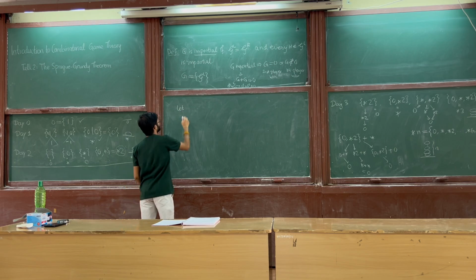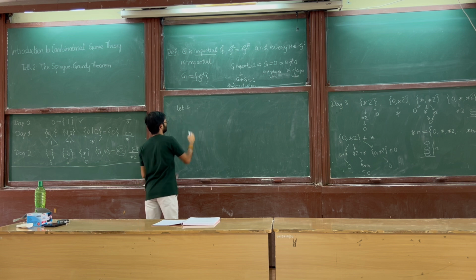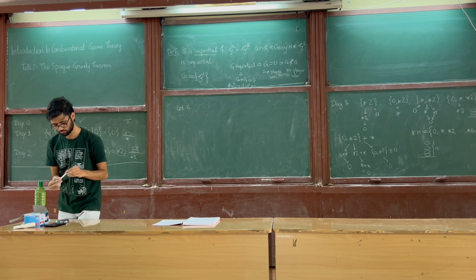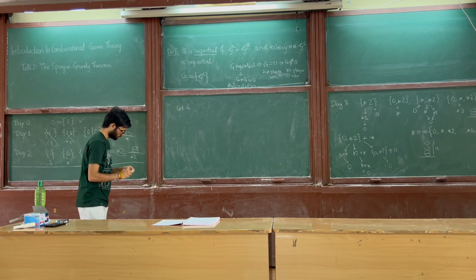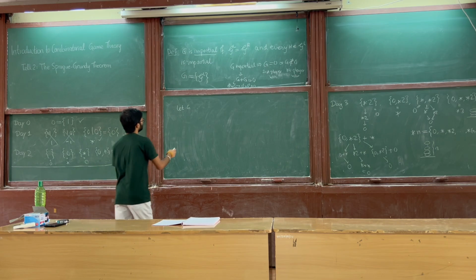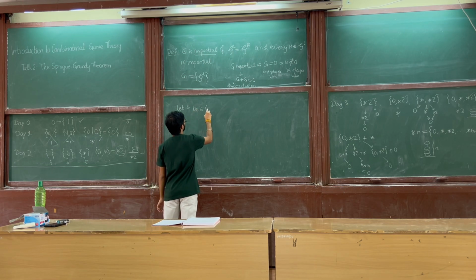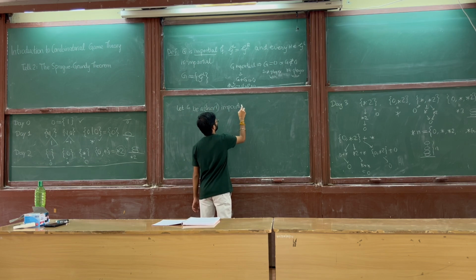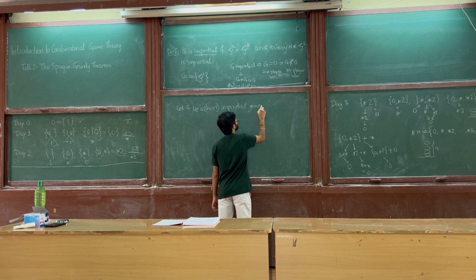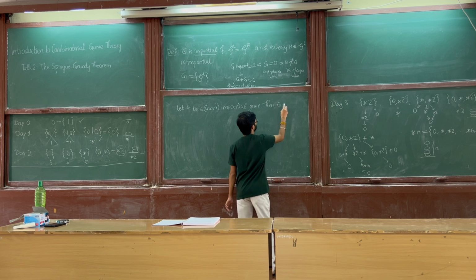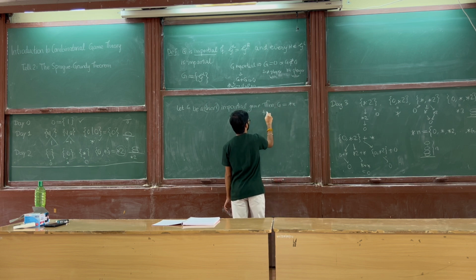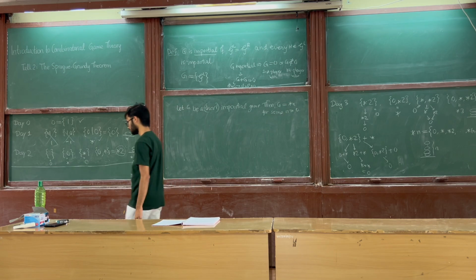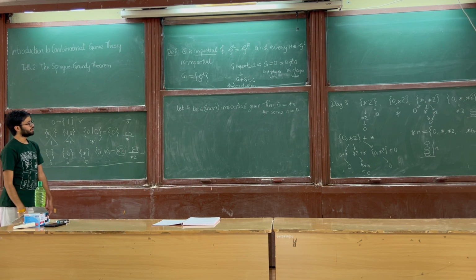Conjecture: let G be a short impartial game, then G is star n for some integer n.